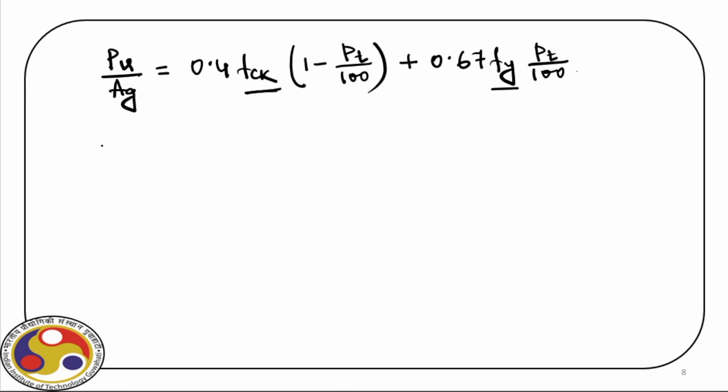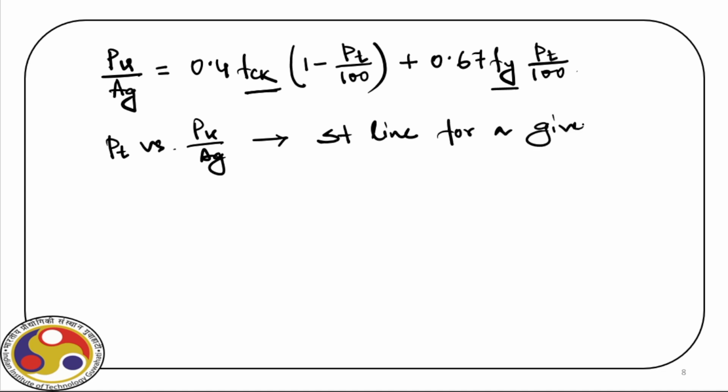And if you plot this Pt versus Pu by Ag, we get a straight line for a given combination of fck and fy. And these design charts, so these are the design charts or plots.